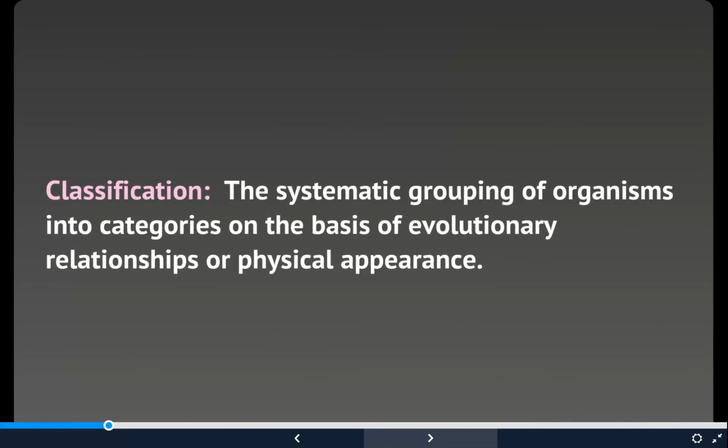Classification, again also known as taxonomy, is the grouping of organisms into categories based on their evolutionary relationships, or physical appearance, their common ancestors.